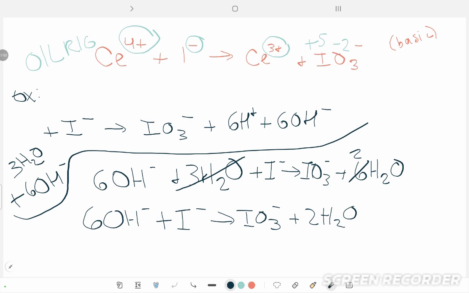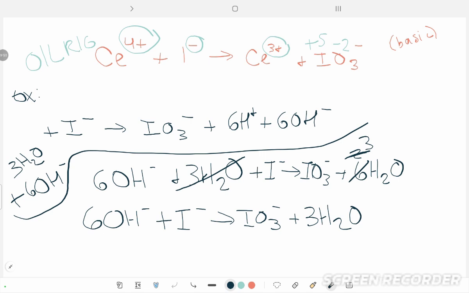This is not 2. This is 3, because we just subtracted. Just gonna go back. It's 3H2O, because we took out 3 here, and then on this side we also took out 3, so this is actually 3, not 2. That's the oxidation side.